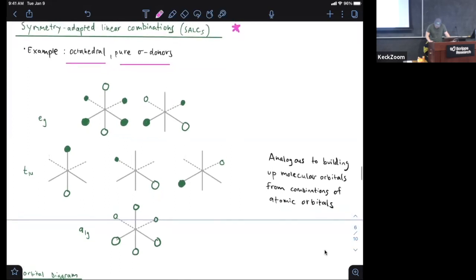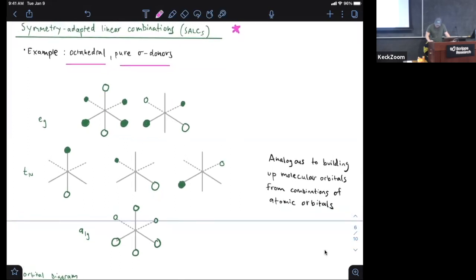The terminology here seems a little bit complicated, but in essence, we're building up these SALCs in analogy to how we build up molecular orbitals from atomic orbitals that you cover in Orgo 1 or Orgo 2 in your undergraduate institute. So we know how to put atomic orbitals together to arrive at a MO depiction, and here we're just treating the ligands in a hand wavy way as atomic orbitals, and then putting them together in an MO depiction.